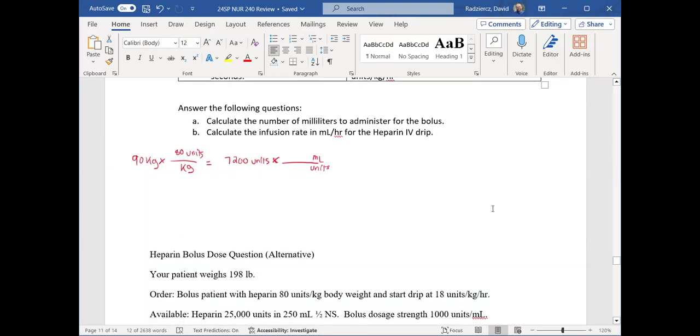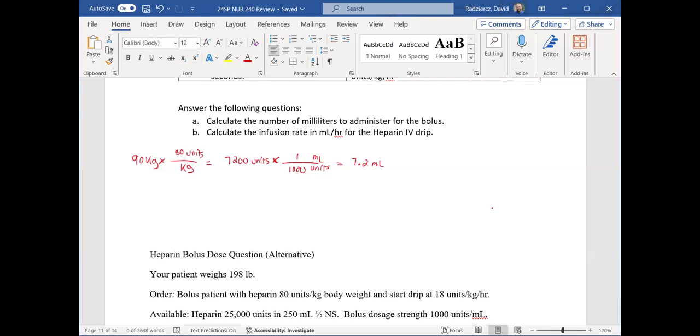I'm going to take 1 mL, 1,000 units, 7,200 divided by 1,000, and I'm going to get an answer of 7.2 milliliters. Is that what the key says? Yes. Good. Just want to make sure there's some consistency there. All right, so 7.2 milliliters.